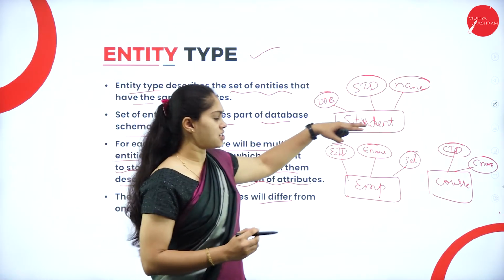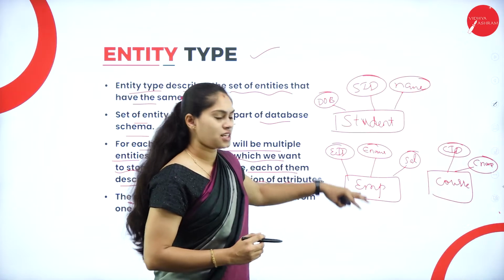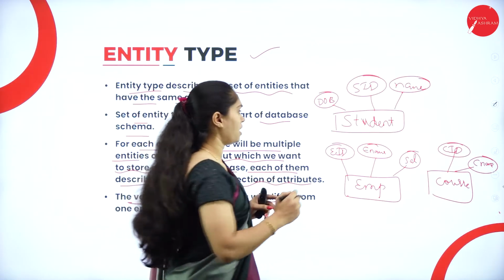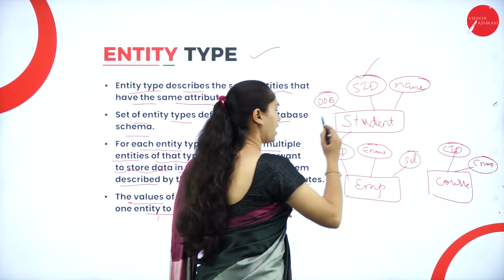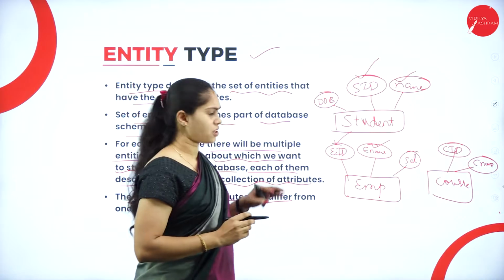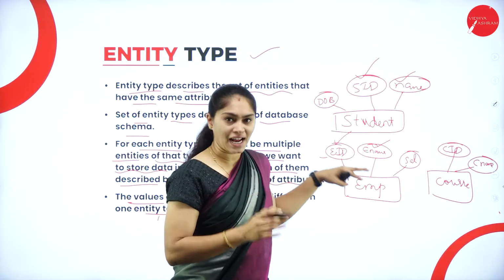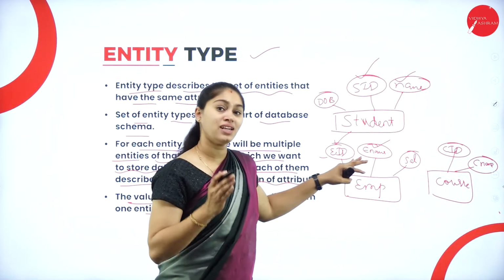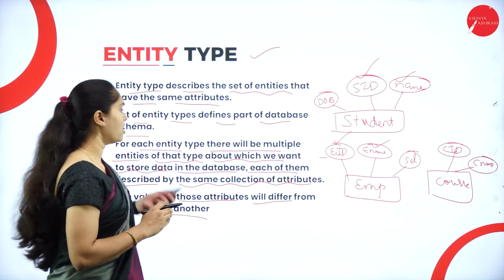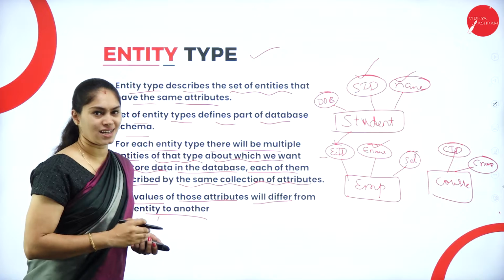So if I consider a student and an employee, these two are different entities, but they have the same kind of attribute. Here we have a student ID, here an employee ID, here a name, here an employee name. Those are the same kind of attribute, but the value will differ from one entity to another. That is what you have to remember when it comes to the entity type.